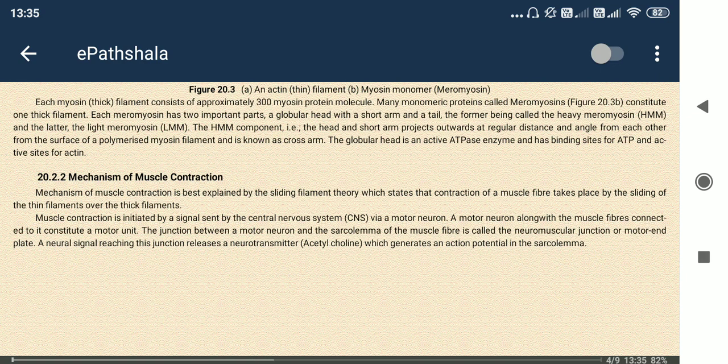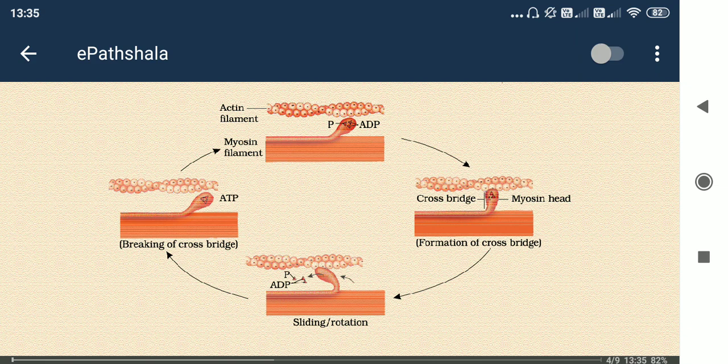Okay. So the next one is the mechanism of muscle action. You can see first what happens, the ATP is joined. ATP is converted to ADP and energy is released, so that energy will be used to contract the proteins involved in muscle contraction, that is actin, tropomyosin and troponin.